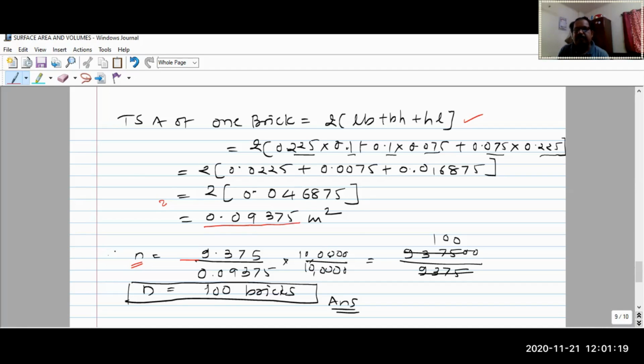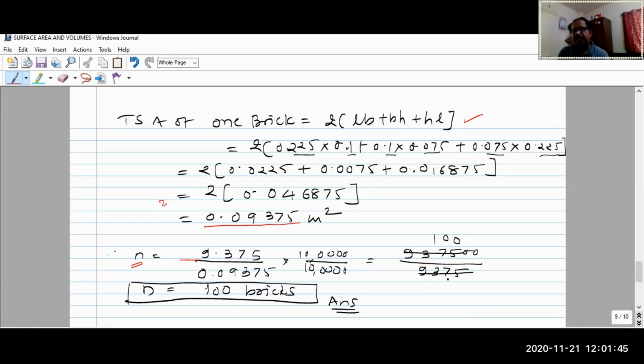So we multiply and divide by 1 lakh to remove the decimals. Multiplying the numerator by 1 lakh gives 9,37,500, and in the denominator multiplying by 1 lakh gives directly 9,375.